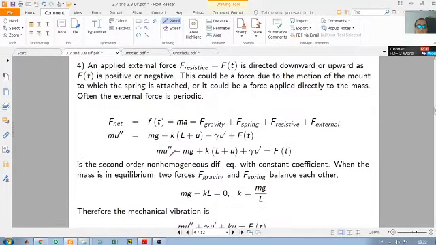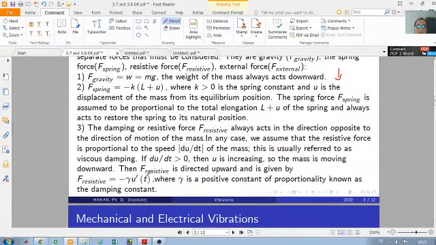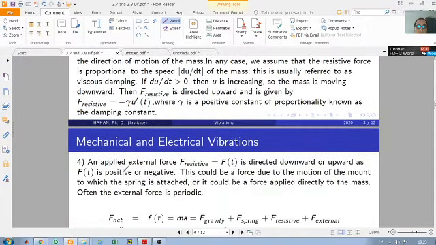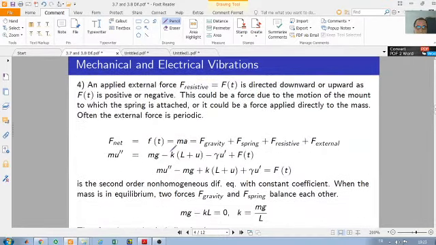So the net force is the addition of them. By considering the negative and positive directions, we write minus or plus for every separate force here. So gravity is in the positive direction, therefore we write m times g. And the spring is in the negative direction, so we write minus k times L plus u.